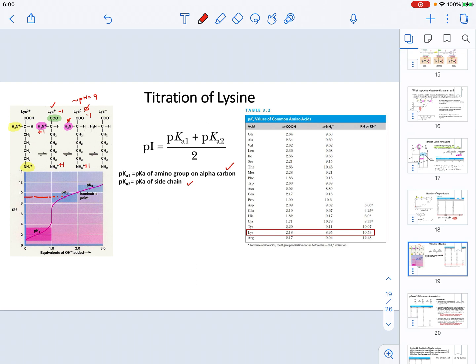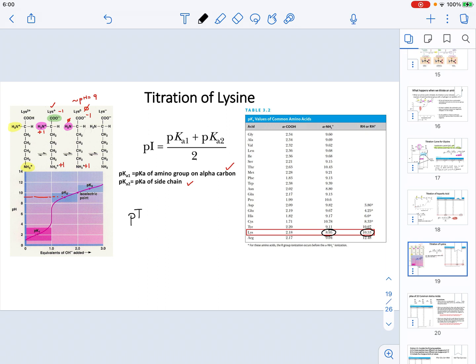So what does this mean at this point? That if I go into the values, and again, they are given in table 3.2, for lysine, I'm going to take specifically 8.95 and 10.53.